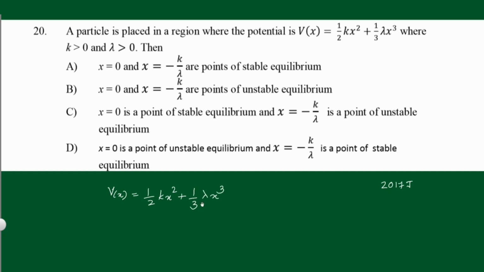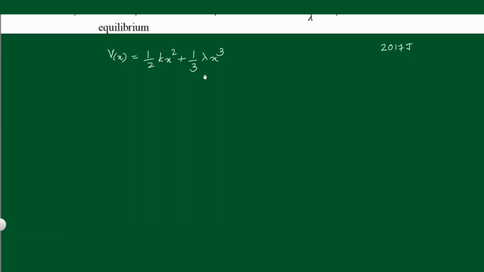Now the next step is finding the equilibrium points. We know the condition to find the equilibrium point is slope equal to 0. That means dV of x by dx equal to 0.